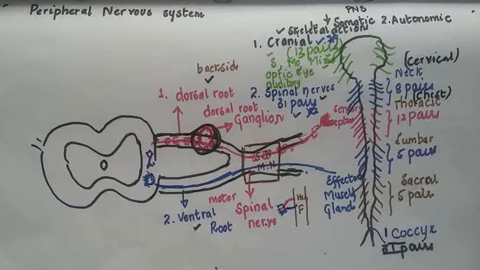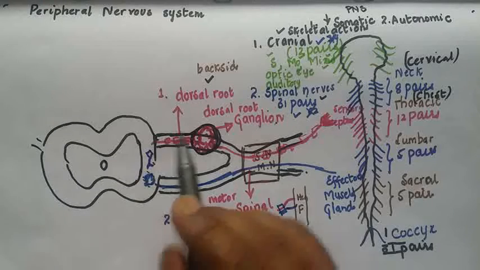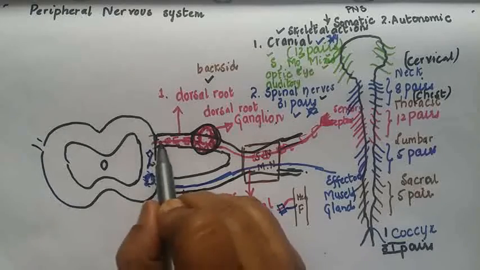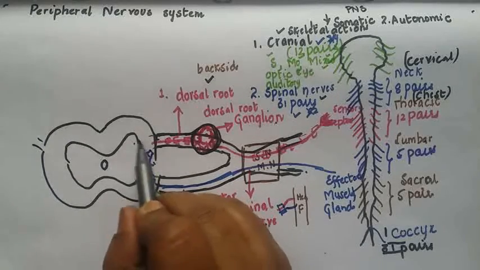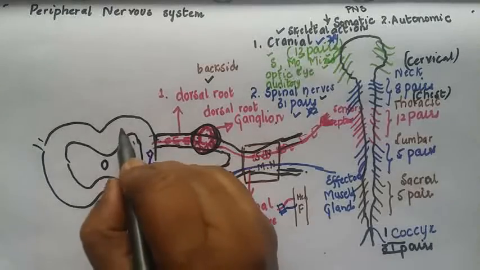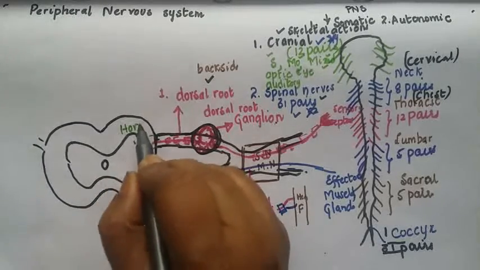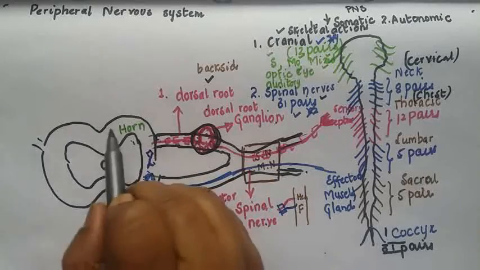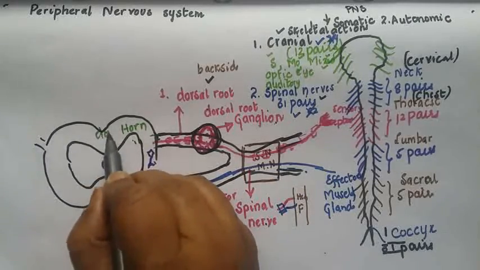And children, if you observe carefully, the dorsal root opens into a horn-like structure. So the dorsal root enters into the horn on the dorsal side.